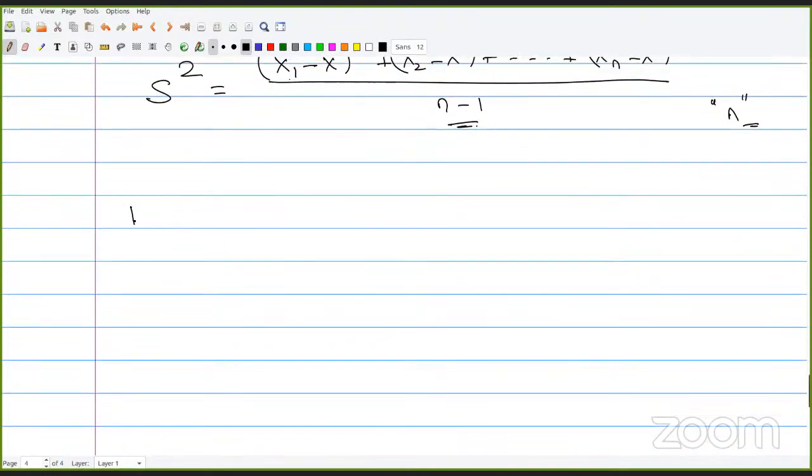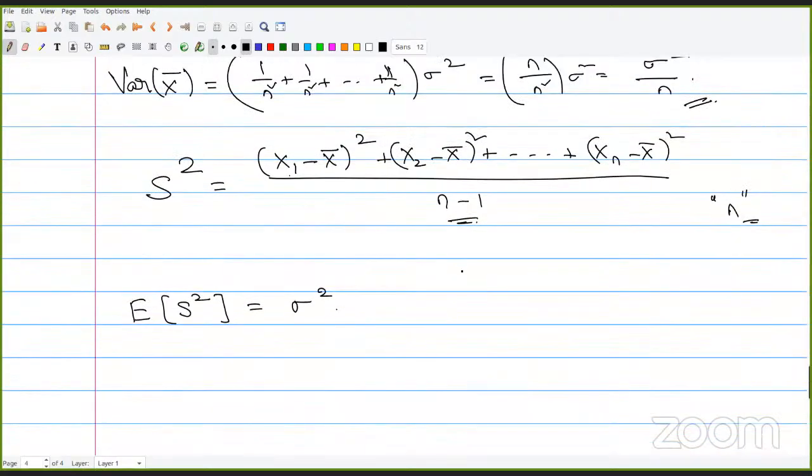Okay. So just now we have discussed this, right? The expected value of S square, the sample variance, is very near to sigma square, right? Yes, sir. Correct. So let us believe this is true, because from the data we just saw, the expected value of this sample variance is nearer and nearer to the population variance.